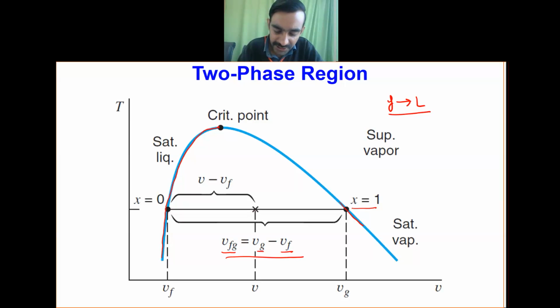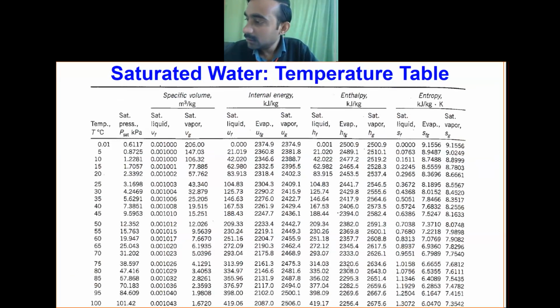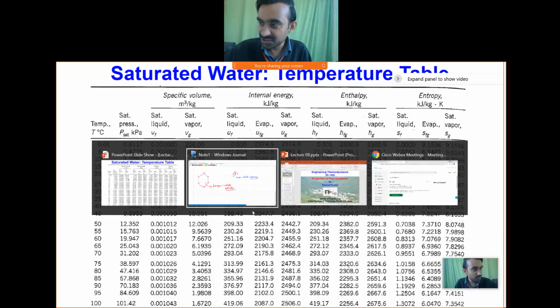So this diagram is the representation of our liquid-vapor two-phase region. After that, we have some tables which I have already uploaded on the Moodle. These particular tables are known as steam tables.